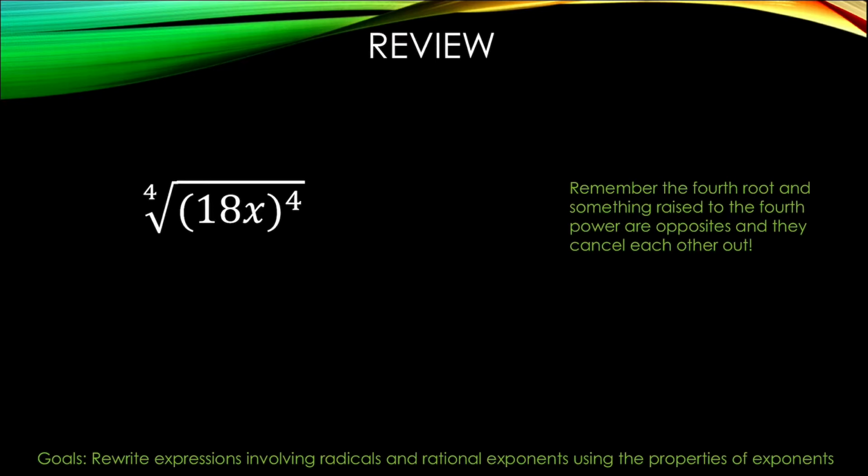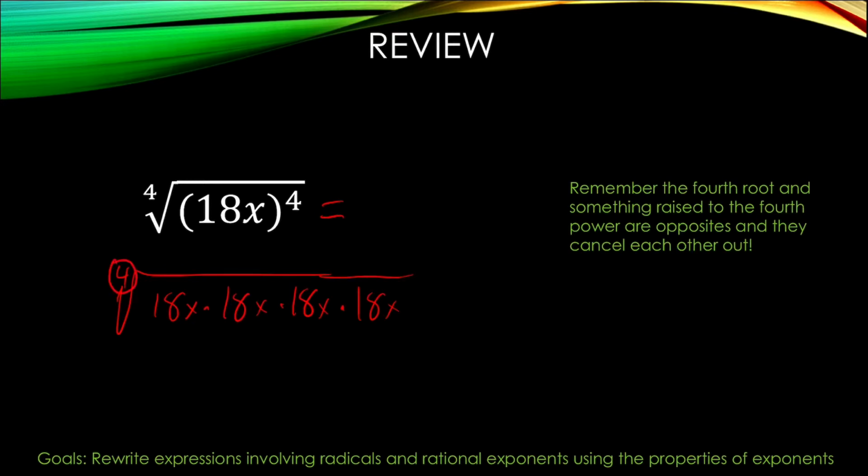So if I have something like this, I know that this is the fourth root of 18x multiplied by 18x multiplied by 18x multiplied by 18x, using my definition of what an exponent is. Now, understanding radicals, I know that I'm looking for something multiplied by itself 4 times. Well, 18x is being multiplied by itself 4 times, so that will come out and be 18x.